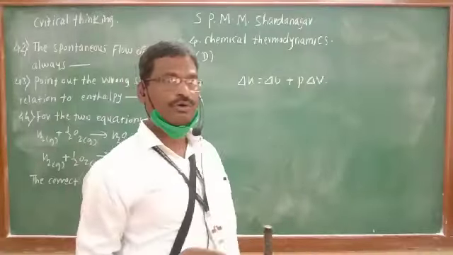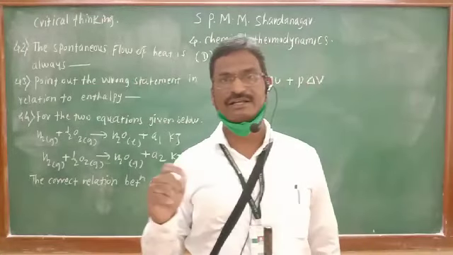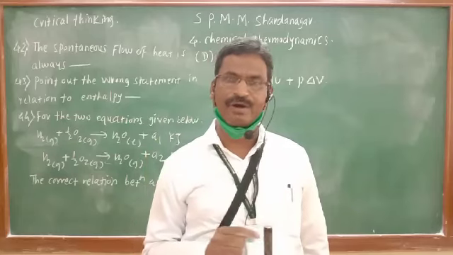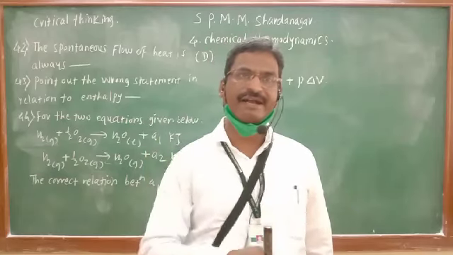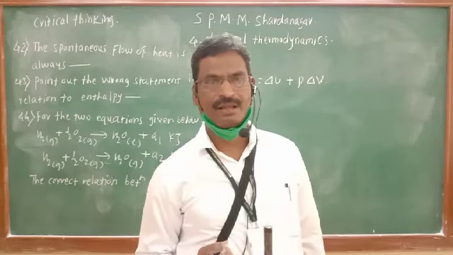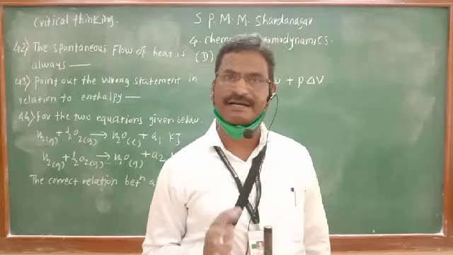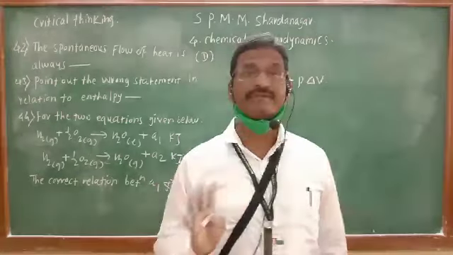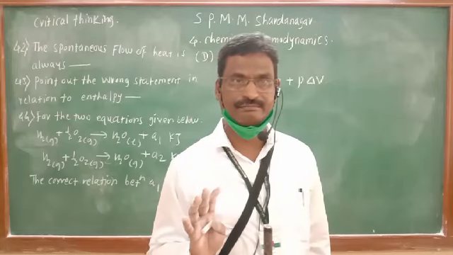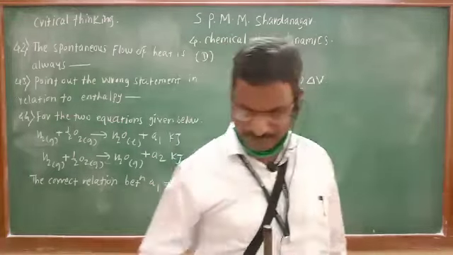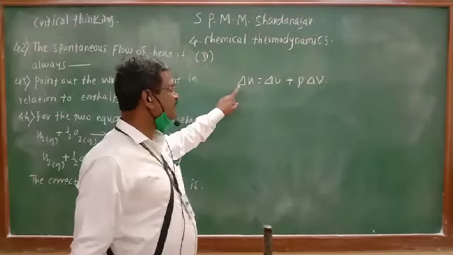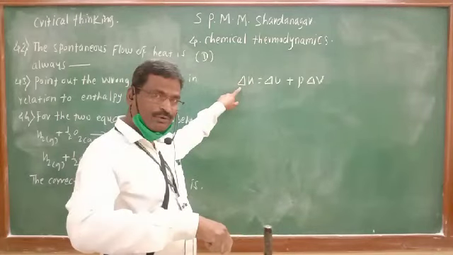We must know what is meant by extensive and what is meant by intensive. Extensive properties are the properties which are depending on amount of matter present in the system, and intensive properties are the properties which are independent of amount of matter present in the system. They have told over here it is an intensive property. Can you tell me, is it extensive or intensive?